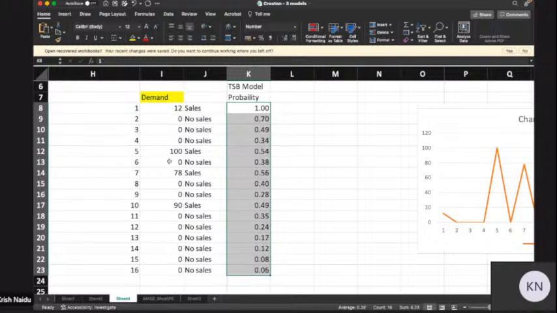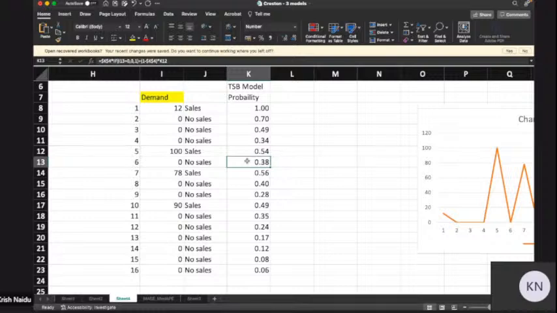It means if the probability is less, the occurrence of a demand more than 0 is less. If the demand is more than 0, the probability of occurrence of a demand is very high. That's what this model is telling us.